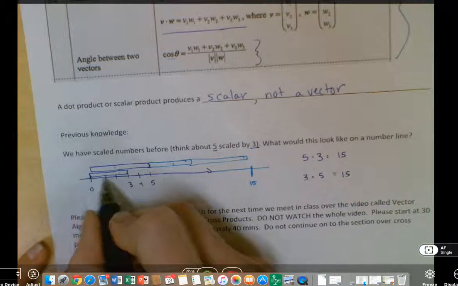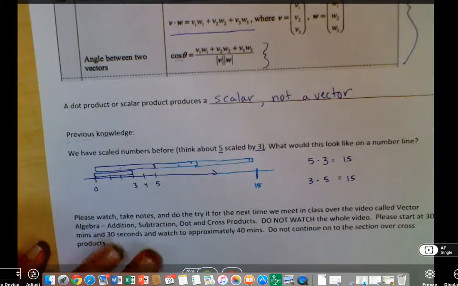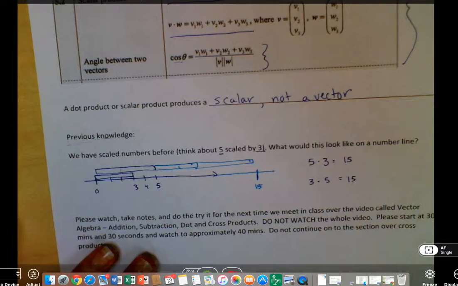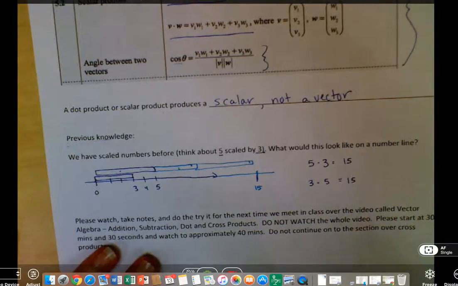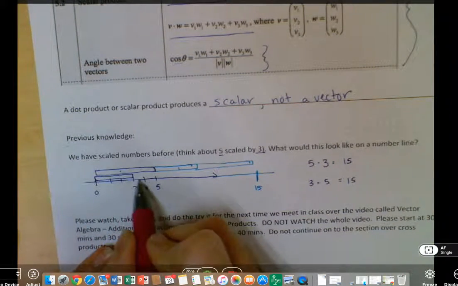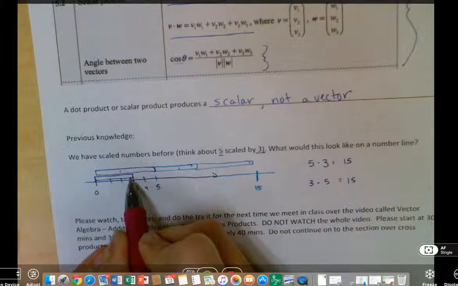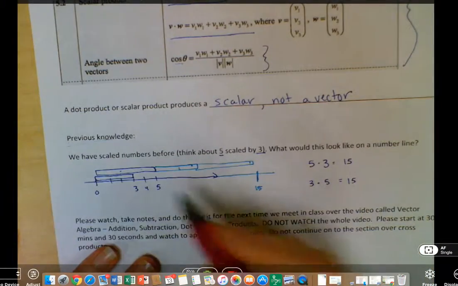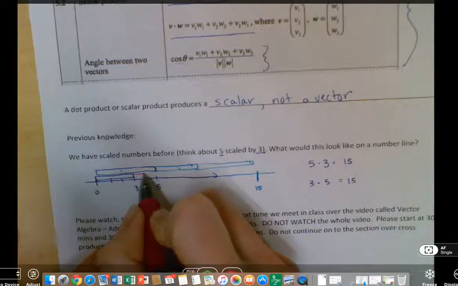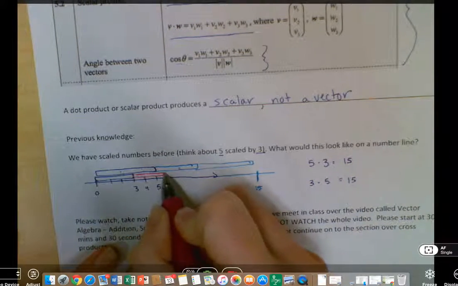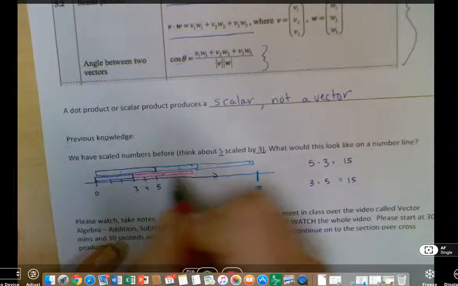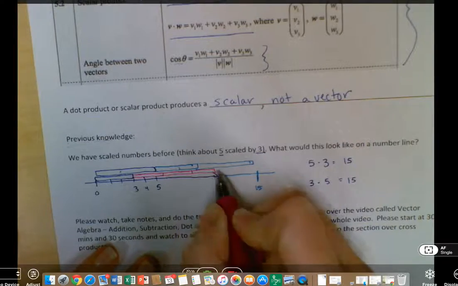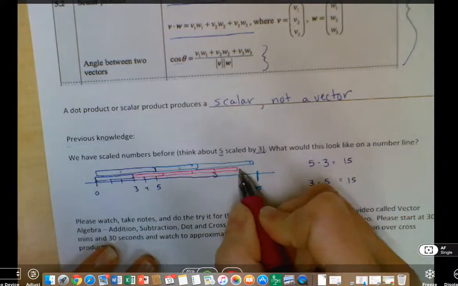I would have had 3, and I would have said, in that instance, that I have a quantity of 5 of this 3. So I'm going to take this guy and I'm going to stretch him to 5 times his original length, or I'm going to make 5 of them in that repeated addition type of model. So 1, 2, 3, 4, well, 5.